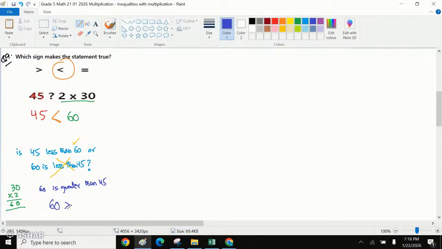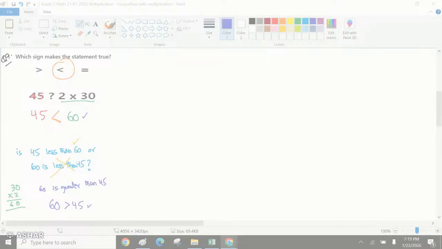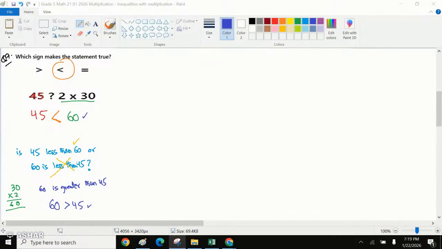Both the statements would be true. Depending on the sign, because if we change the position of the numbers, then we have changed the sign as well. Do we agree till now? Do we agree on this? Do we have any questions? Okay.